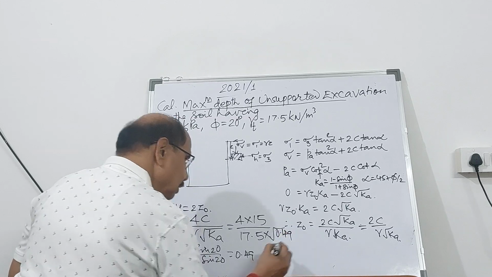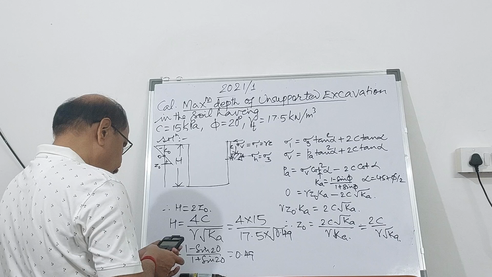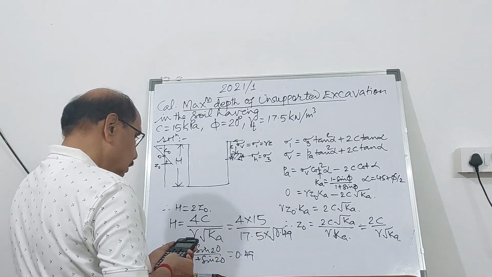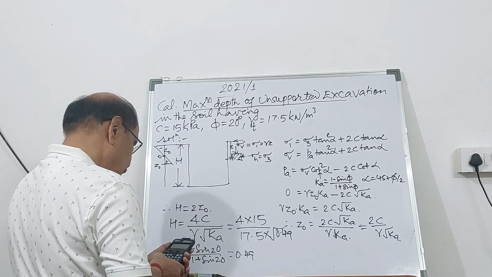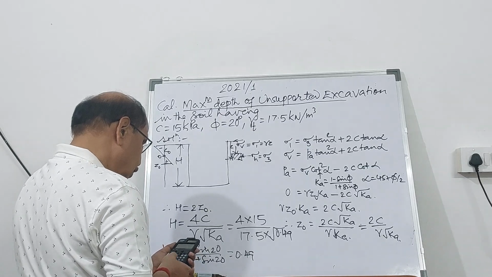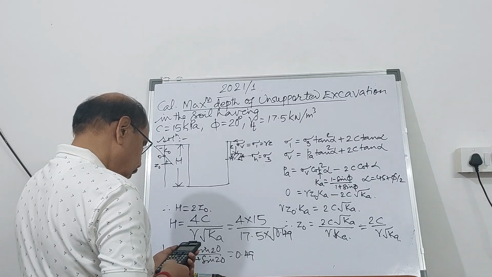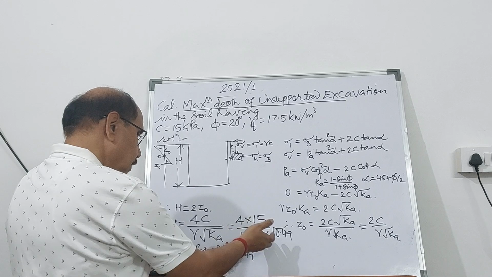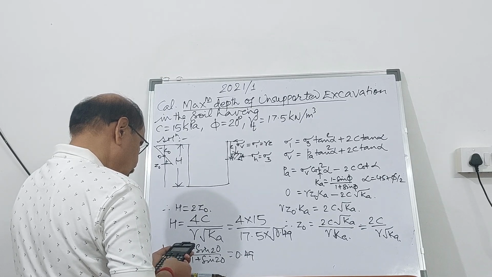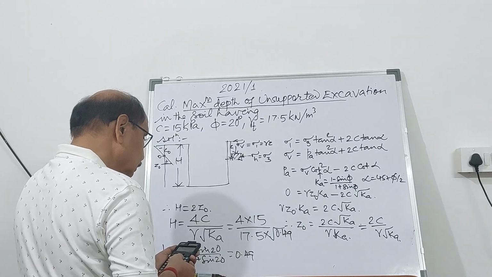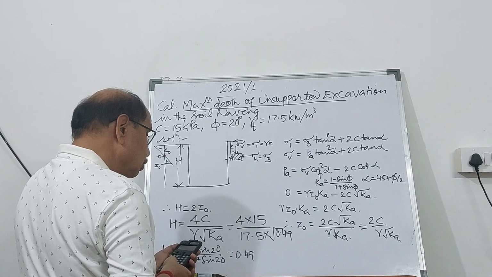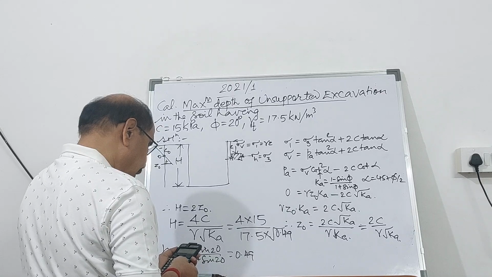So here I will substitute. And if you calculate this, so root of, simple calculation, 60 divided by 17.5 multiplied by under root 0.49, bracket closed.